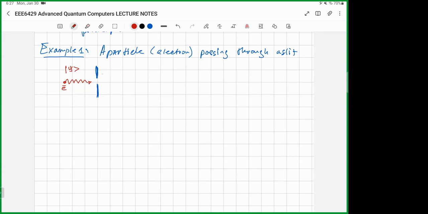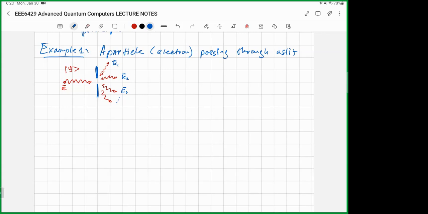And what do I get after this screen? Well, the experiment says that I get a number of waves like this with different k vectors: k vector 1 that directs in this direction, k vector 2 in another direction, k vector 3 in another direction, and so on and so forth.